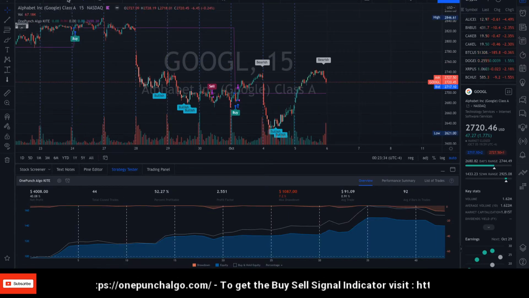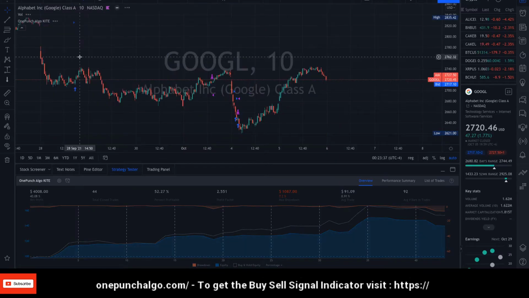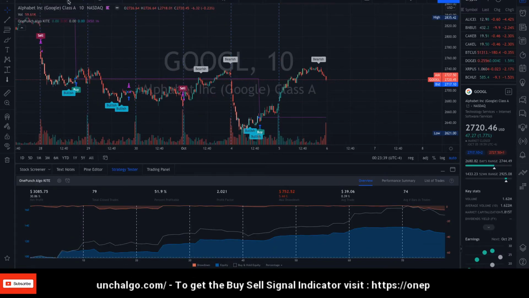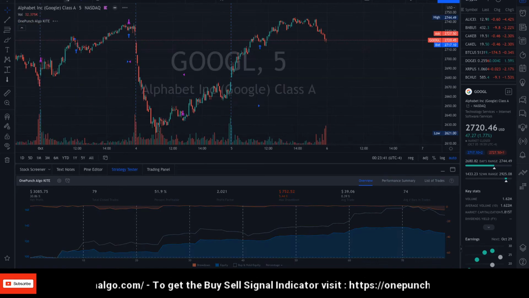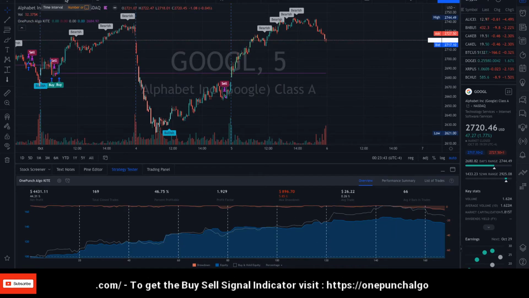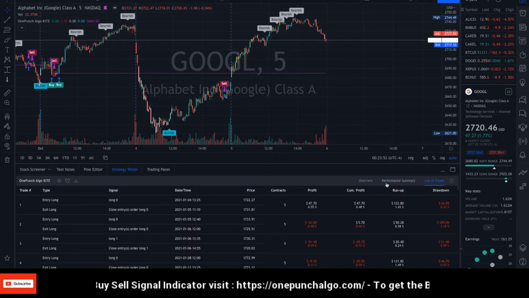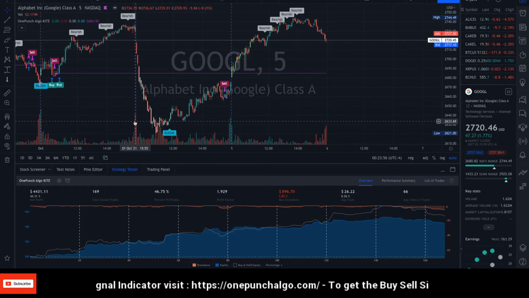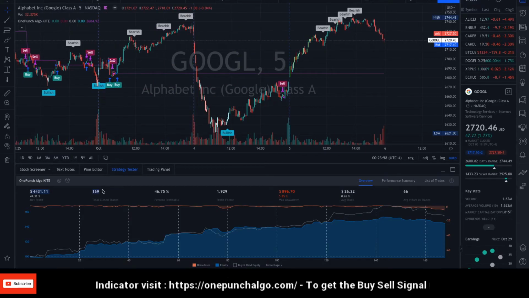Okay, 15 is 40. Yep, looks like 15 works better. Well, 5 minutes also showing better results, right? Yeah, but then you have to do a lot of trades.